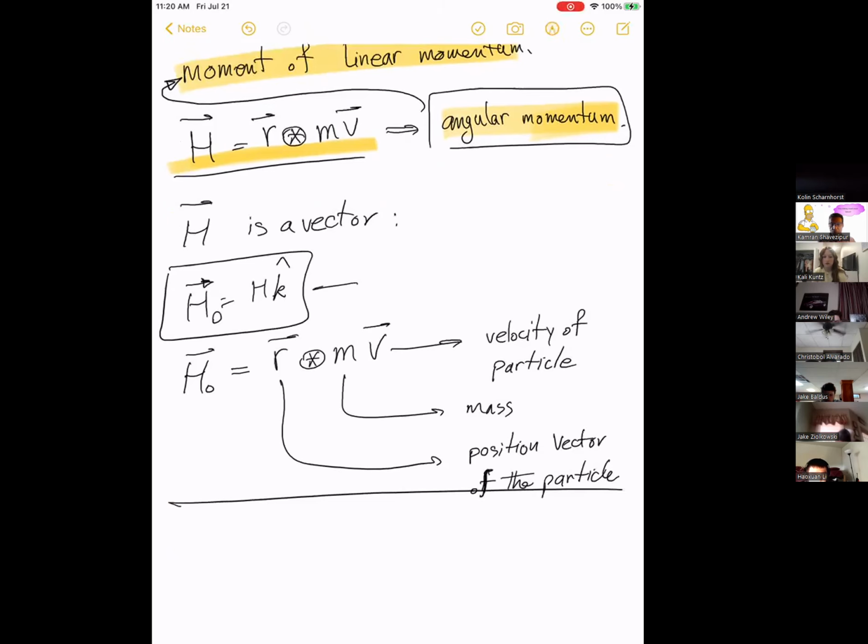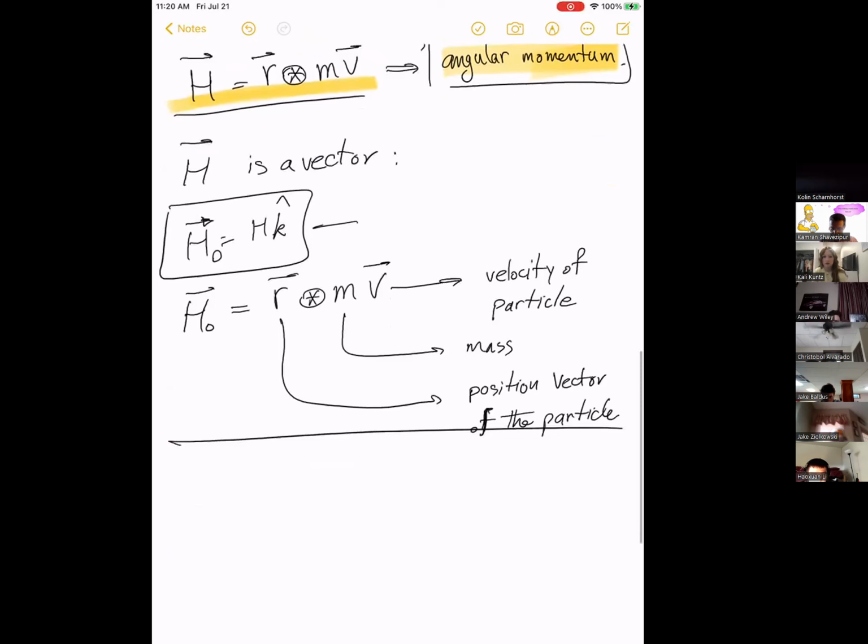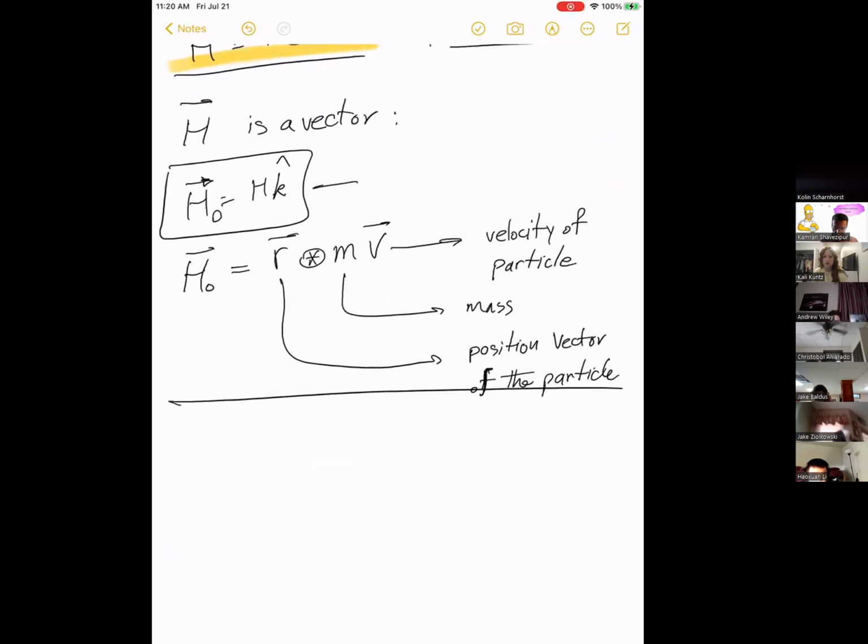Now, we're going to review Newton's second law. Just keep this here for some time.